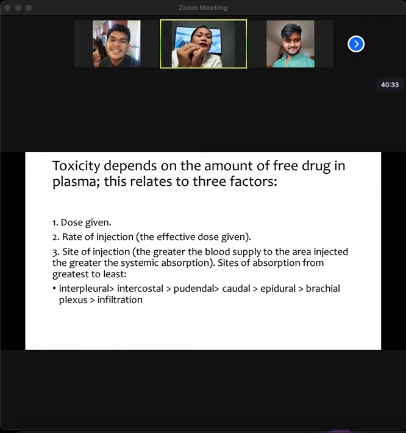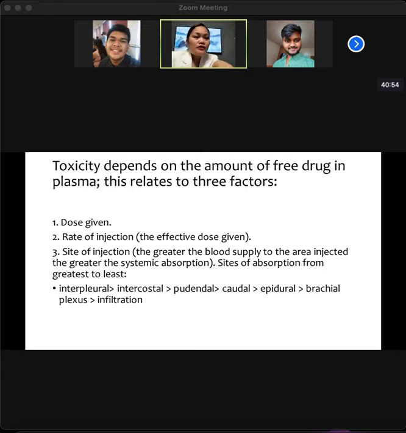Okay. Again, the toxicity depends on the amount of free drug in the plasma. This relates to 3 factors. Siyempre, the dose given. That's why you have to compute the dose of each patient according to their weight. Okay?